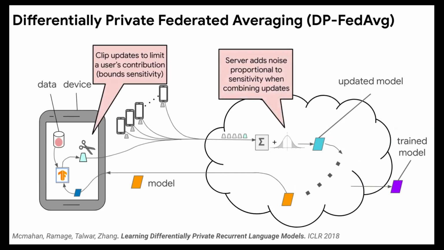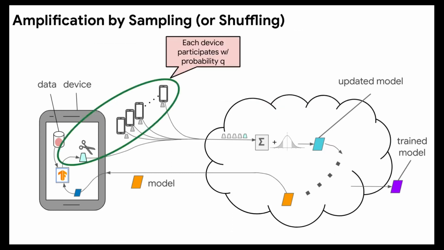This is how we bound the sensitivity for differential privacy. Then after the server aggregates these updates, it also adds noise proportional to the sensitivity when combining them. With those two techniques, you can get a differentially private model in federated learning. However, as you know, these techniques may potentially hurt the performance of the model.